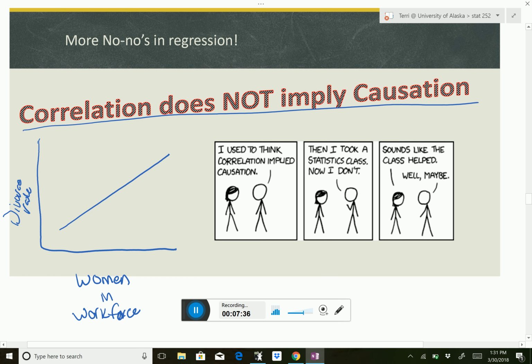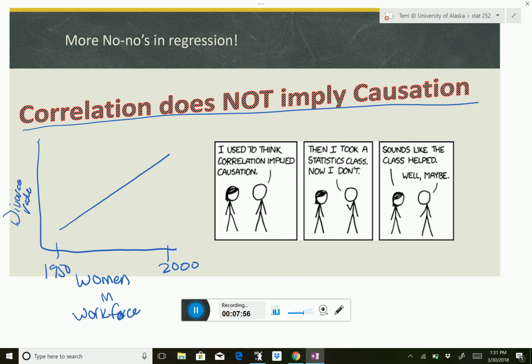Well, you definitely have a correlation. Let's say that I took this data from, say, 1950 to 2000. Definitely both of those things raised between 1950 and 2000. Women in the workforce increased, divorce rate increased. But were these things really correlated?